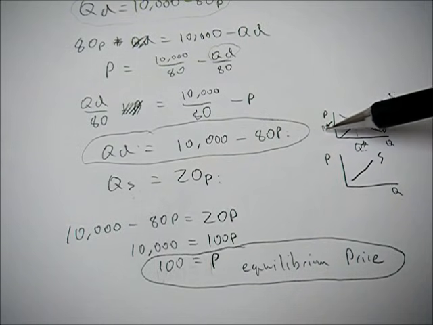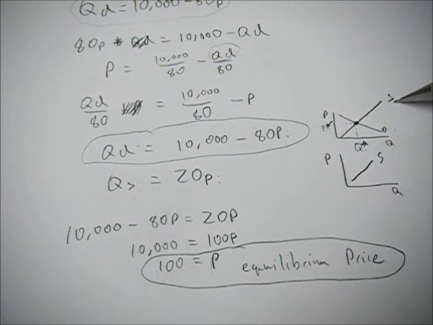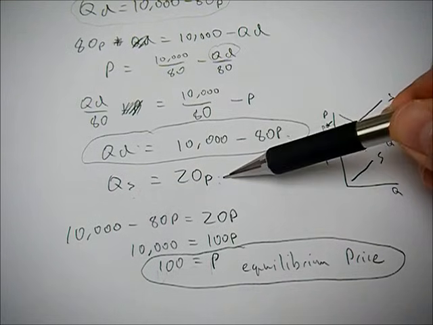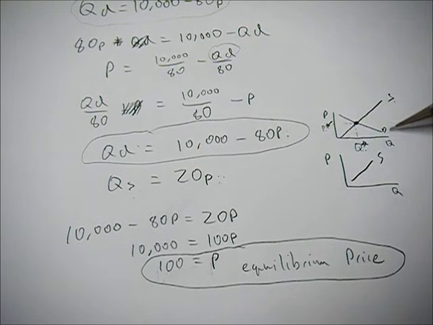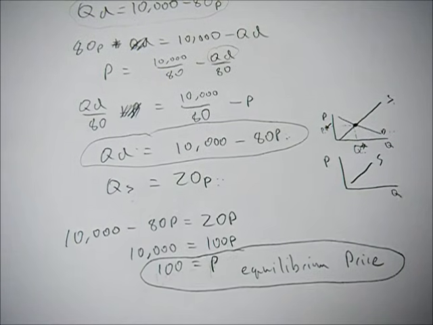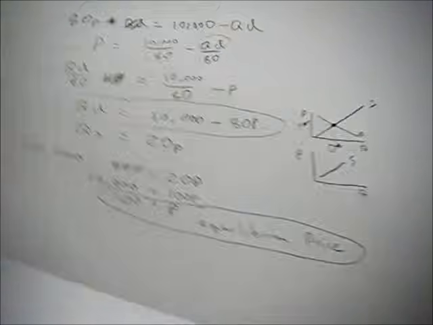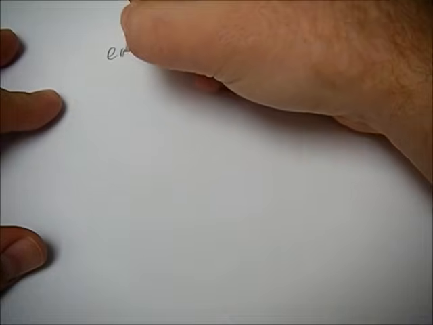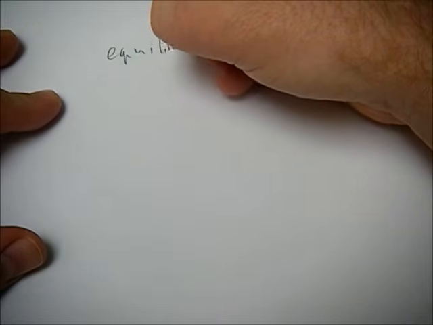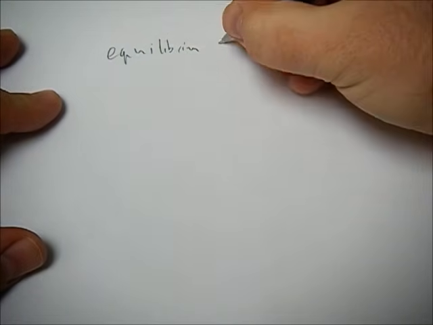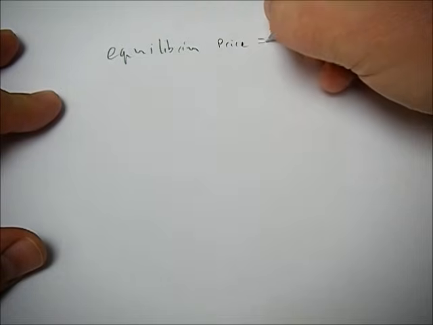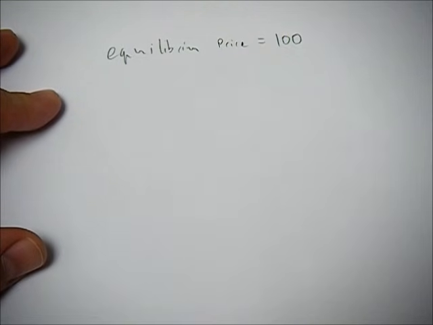So if we plug in this p value now into our supply function and our demand function, we should get that same quantity back out. So let's test it and see what happens. We know the equilibrium price equals 100.